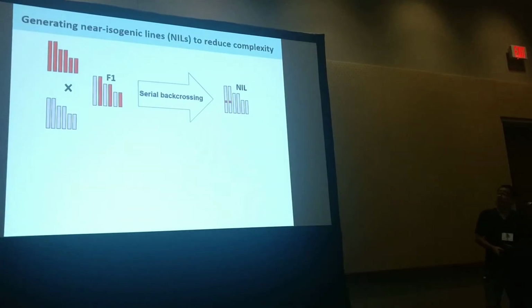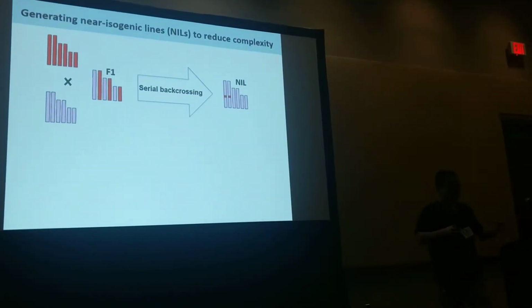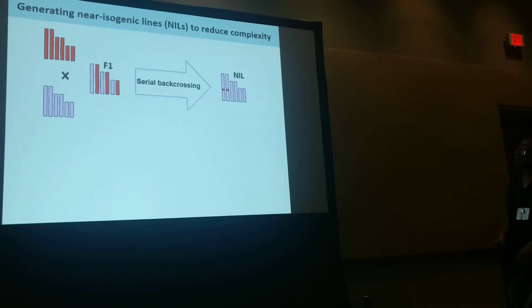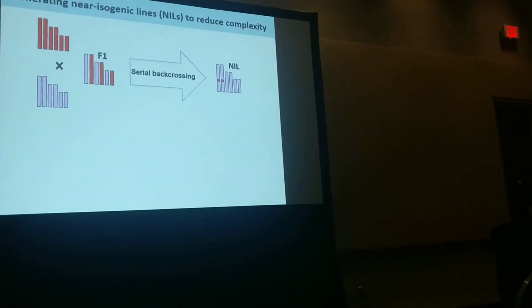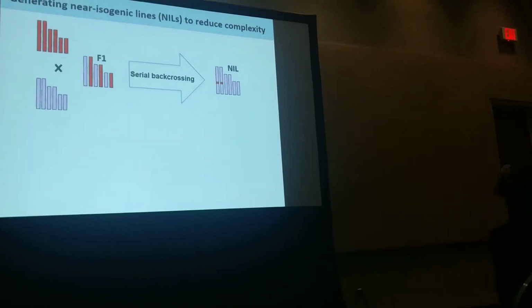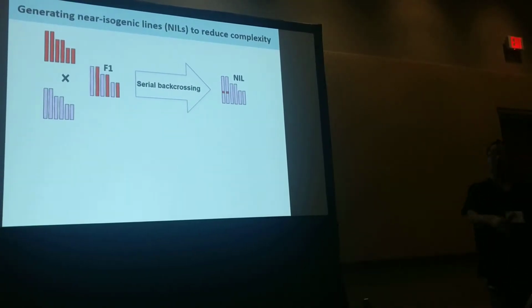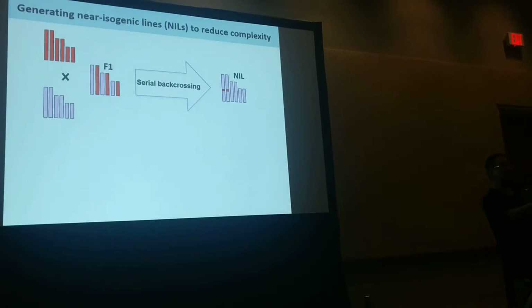Now, the only way I think to solve this is to reduce the complexity by making so-called dual isogenic lines. The idea is that you start from two different species, make a cross, and keep back crossing to one of the species.